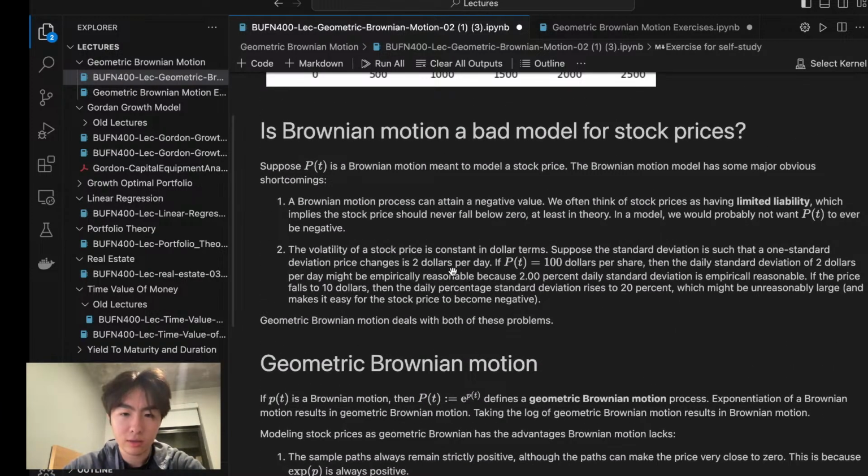And also, the volatility of a stock price is constant in dollar terms. Suppose one standard deviation price change is $2 per day. P of t is equal to $100 per share. And the daily standard deviation of $2 per day might be reasonable with 2% daily.